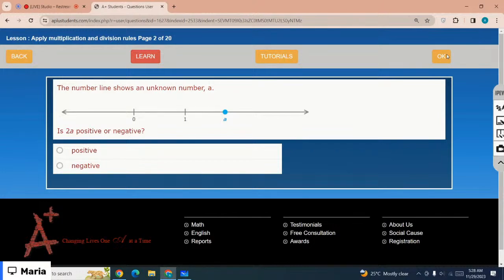Yes, it is positive, right? A is already on the positive side and you are multiplying with 2. So 2A is already a positive number.